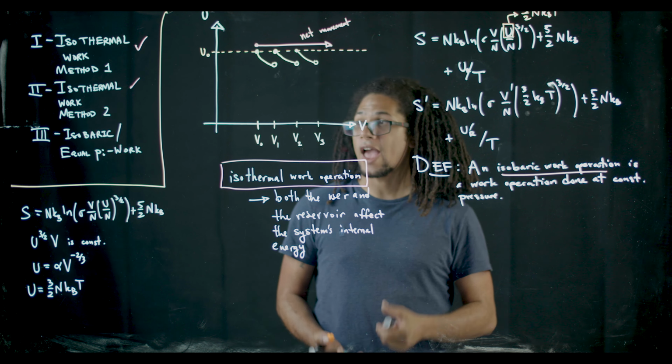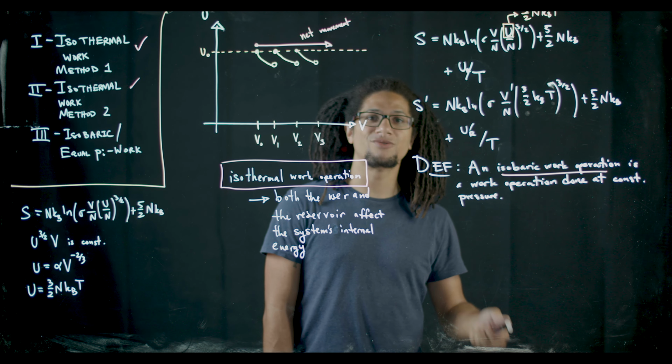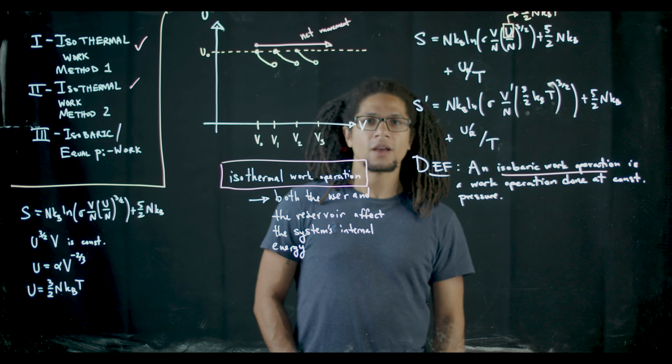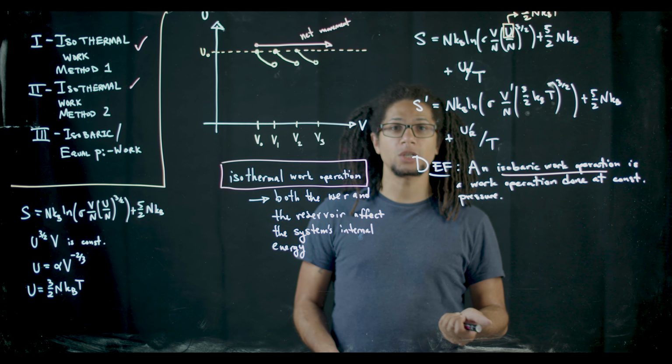Moreover, we could have any kind of equal PI work operation if we were in contact with a VI reservoir. And so we have this whole scope of new kinds of thermodynamics that we can do.